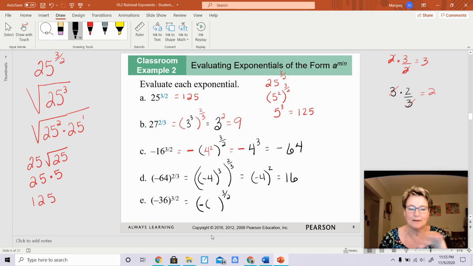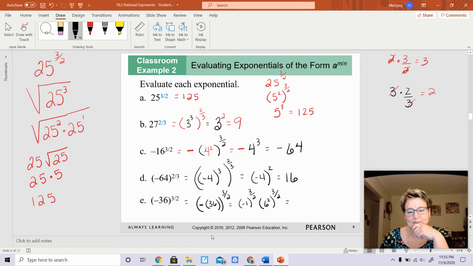So I've got to break it up a little. Like this, okay? So that's going to leave me negative 1 to the 3 halves times 6 squared, because that's 36, to the 3 halves. I just broke it up a little.